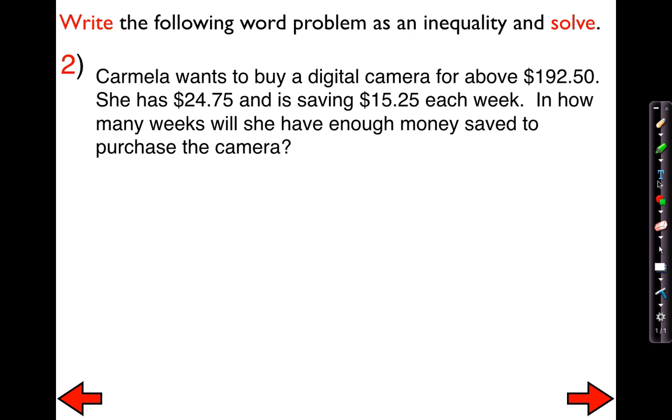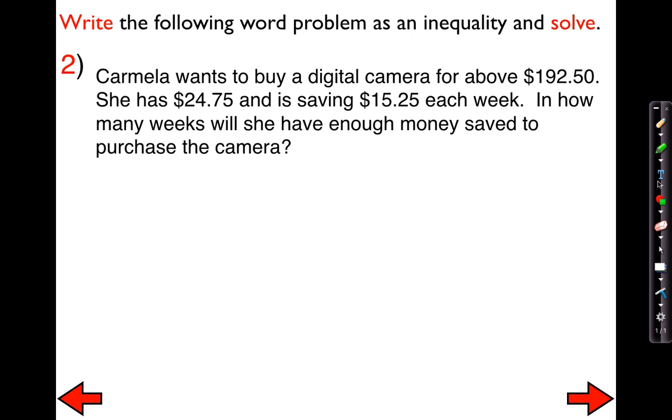So number 2 states, Carmela wants to buy a digital camera for above $192.50. She has $24.75 and is saving $15.25 each week. In how many weeks will she have enough money saved to purchase a camera? So we need to first understand that she currently already has $24.75. That's what she has.